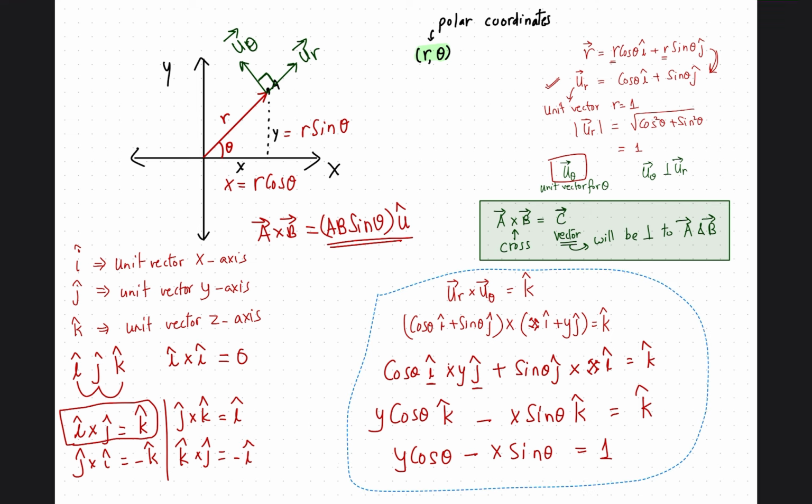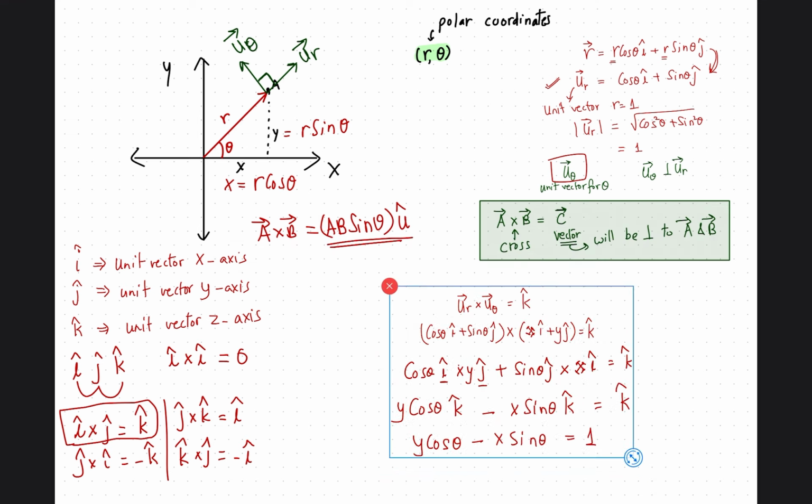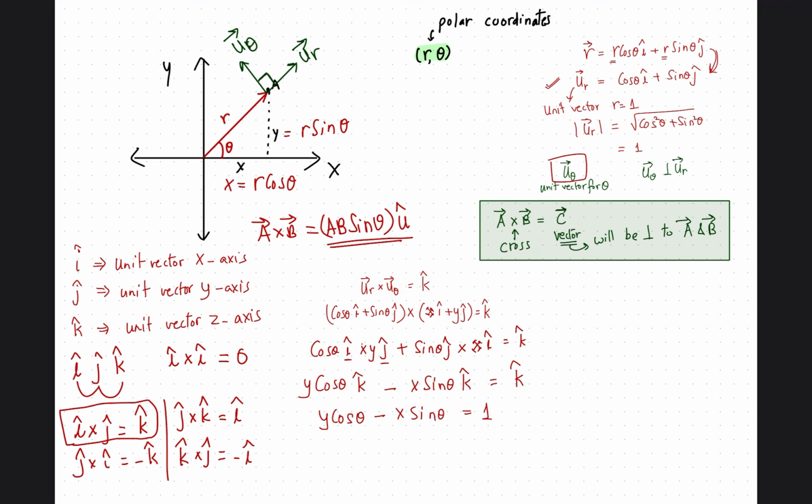So we are going to now use some logic here. You can see this is cosine theta, this is sine theta, and we want the answer as 1. So we know the identity cosine square theta plus sine square theta is 1. Somehow I want to put this in that format.